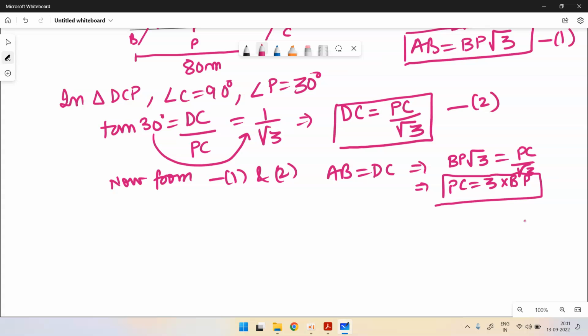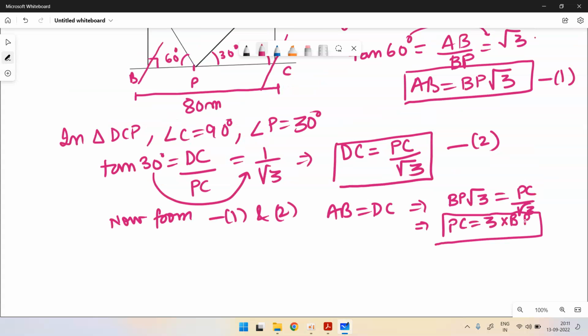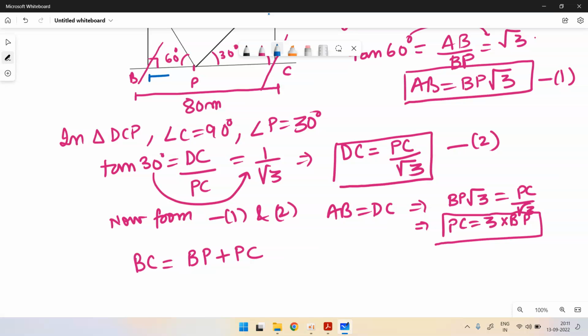Now you can see that BP plus PC is 80 meters.